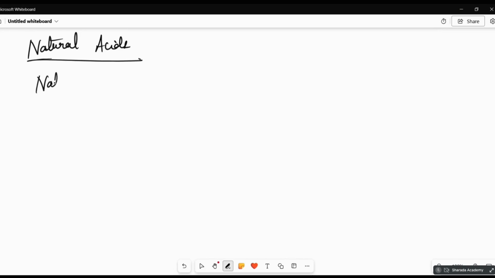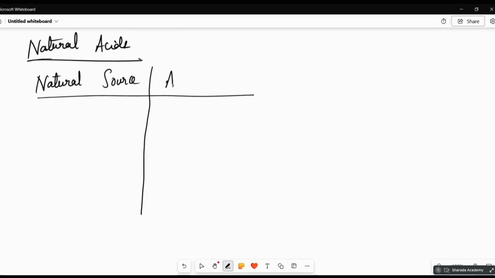Natural source, and this is acid. Okay, first one, vinegar. It is acetic acid.